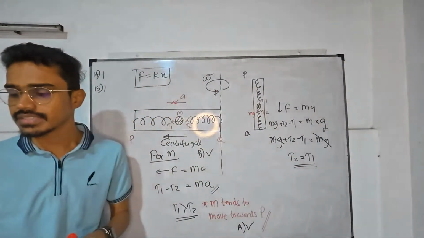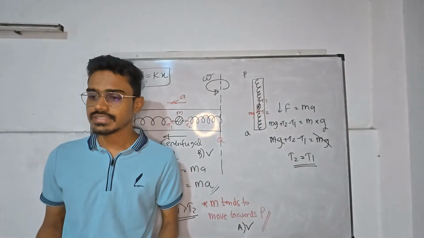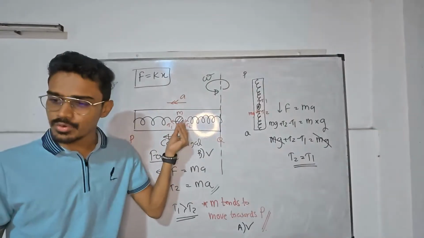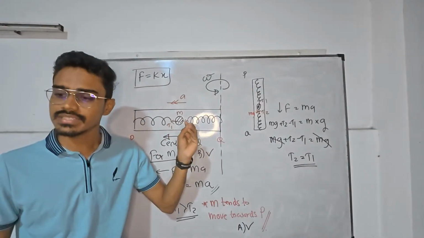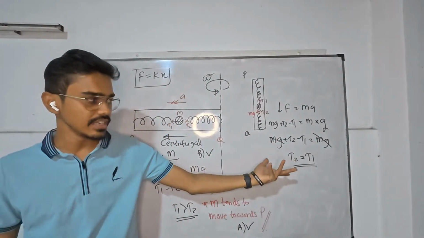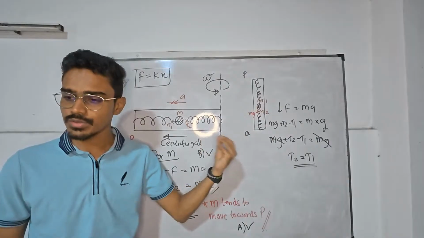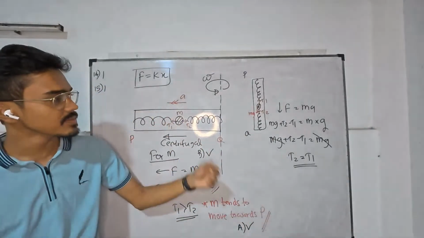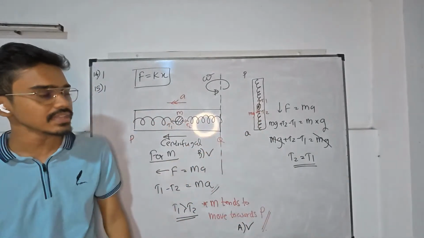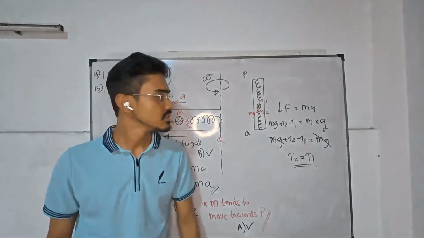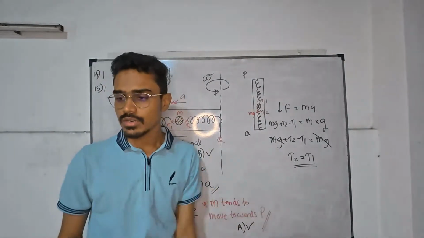If T2 equals T1, there is no moving tendency of this object towards either of the sides, because T1 and T2 will be balanced. That is counterbalance. So therefore, no motion.